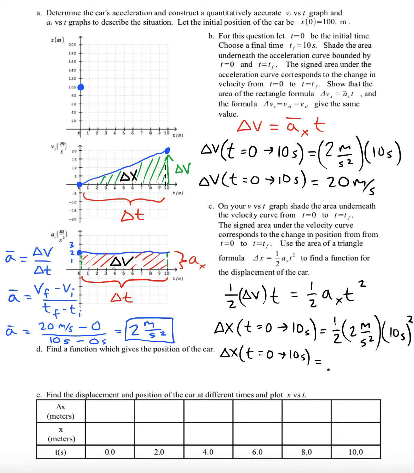That's going to be 100. 100 meters. All right, now we can go back to the position graph. We can go over 10 seconds, and then we want to go up 100 meters. That'll take us to the final location for this vehicle.